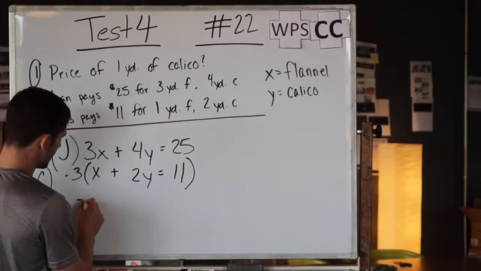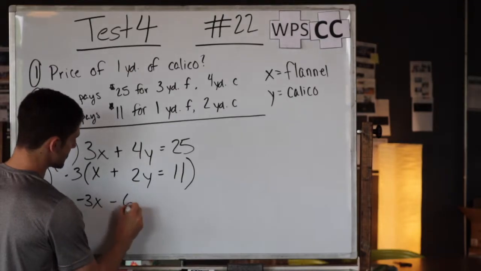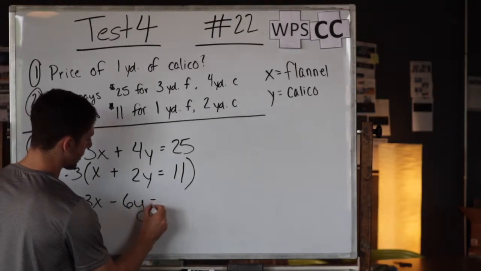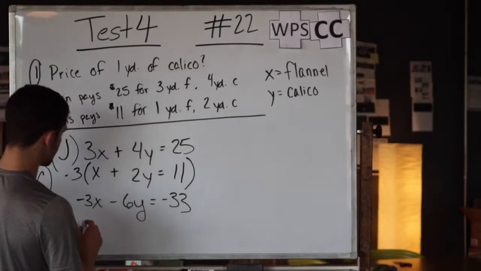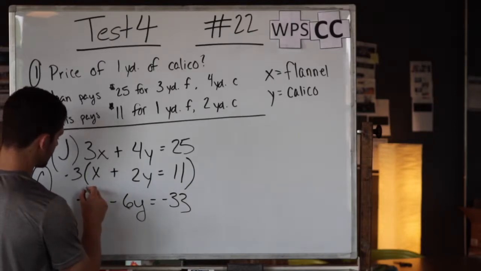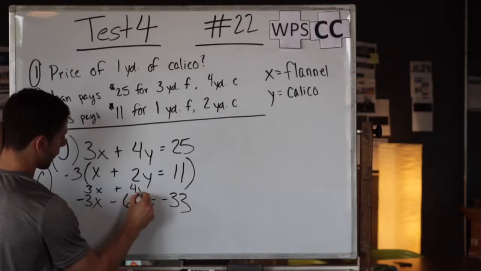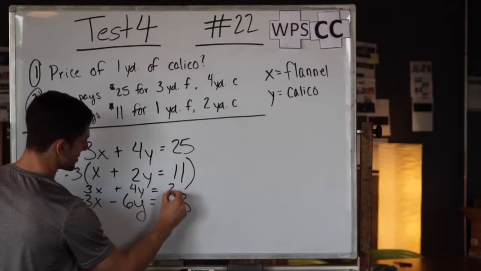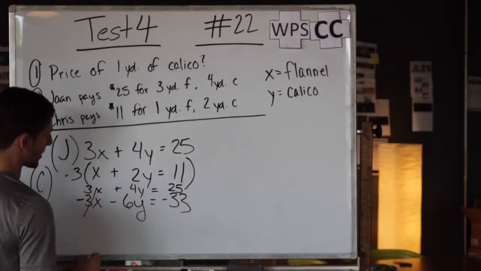So let's work this one out. We have -3x minus 6y equals -33. In addition, I'm just going to rewrite Joan's equation up here. This is 3x plus 4y equals 25. These are going to get crossed out.